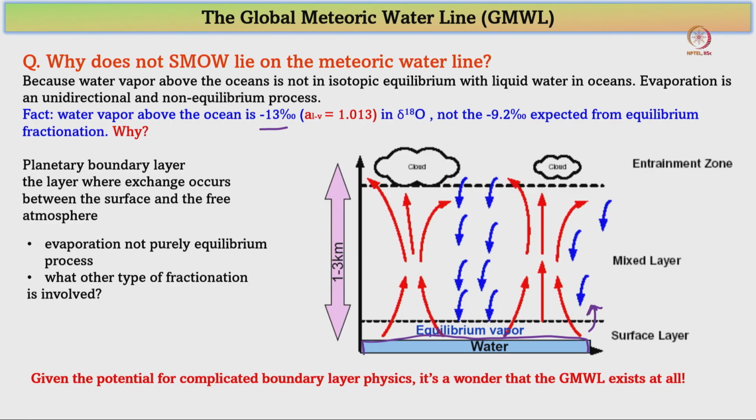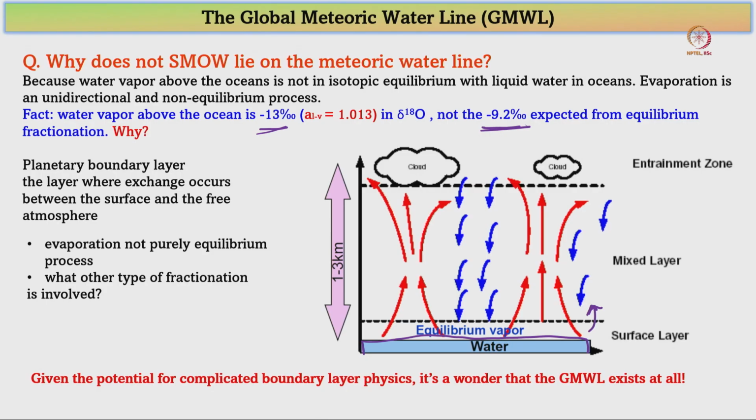Therefore, its value is expected to have been minus 9.2 parts per mil, simply because delta 18O prefers the water phase over the lighter vapor phase. So, then we would be seeing the equilibrium fractionation, but in nature we see that it is much more negative, it is minus 13 parts per mil. Okay. That is, it is at a non-equilibrium.